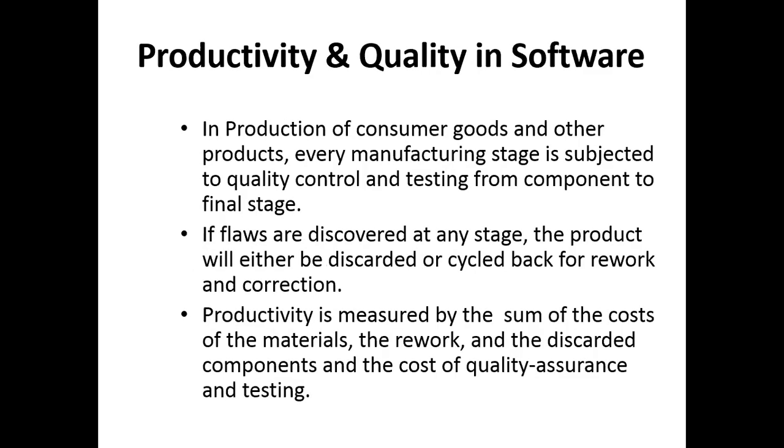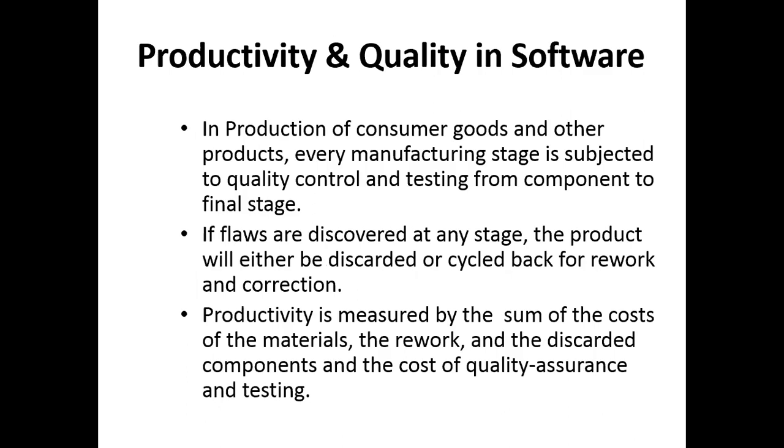In the production of consumer goods and other products, every manufacturing stage is subjected to quality control. You already learned about software quality, the attributes of software quality, and why quality is important while developing software.